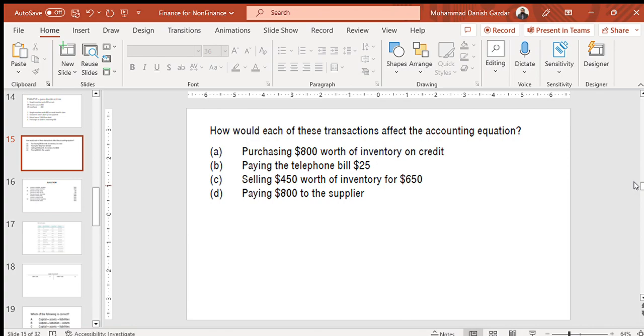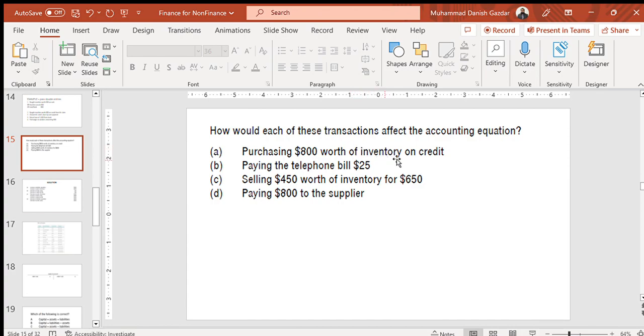So the first transaction is the purchase of 800 worth of inventory on credit. You need to pass a double entry for it. First of all, you need to realize what is increasing in this entry. The inventory is increasing, of course, as you are buying inventory. Inventory is an asset, and an increase in an asset is known as a debit.